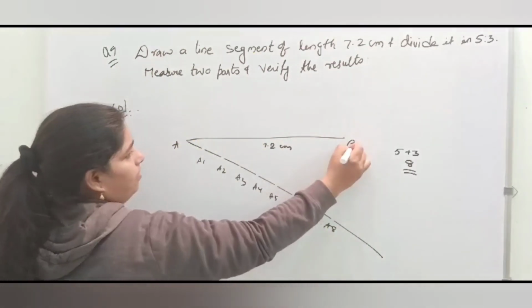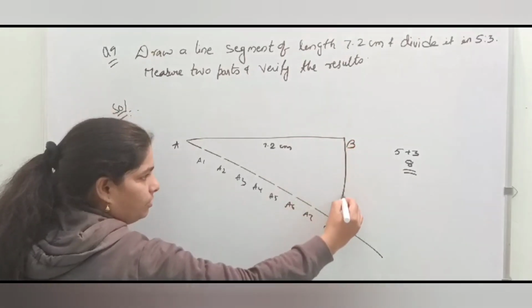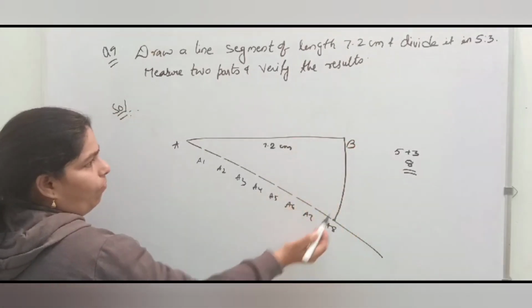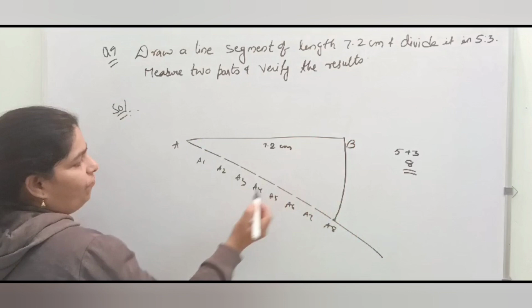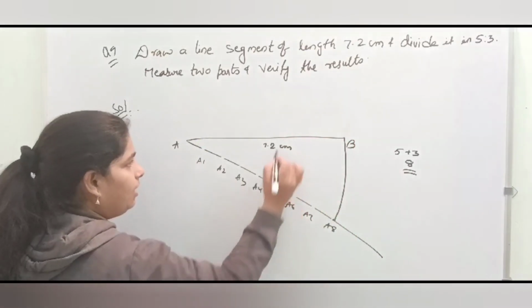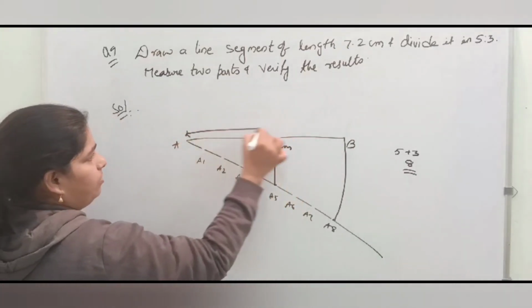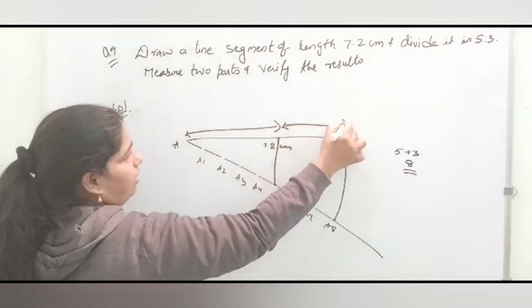This is A and B. Now join this point to this. Now we have to take the ratio of 5:3. Therefore, first, second, third, fourth, fifth. Here again join to this. Therefore, this is the first part and this is the second part.